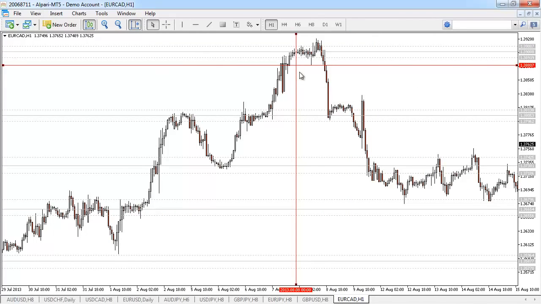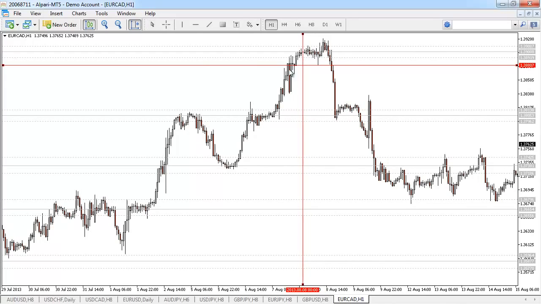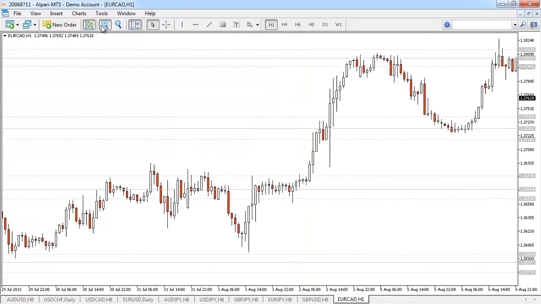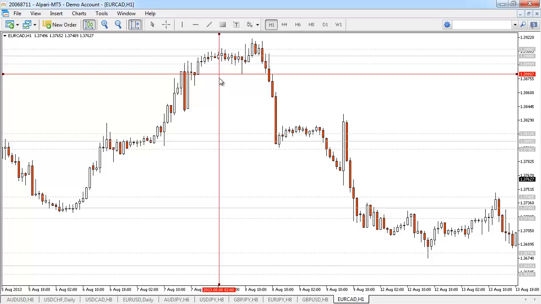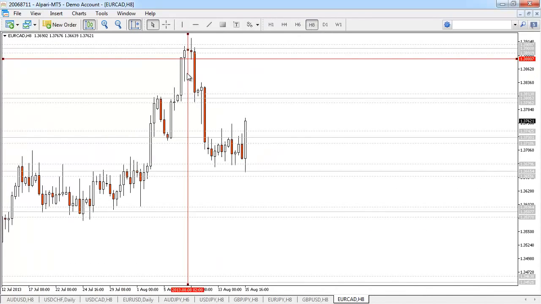Okay. Let's zoom in here. Wait, I think I put this line on the wrong area. Here we go.